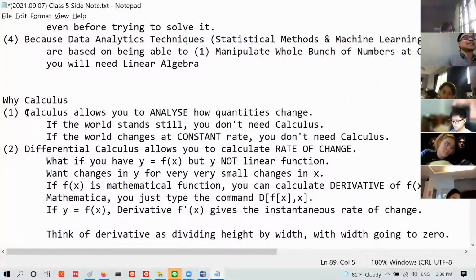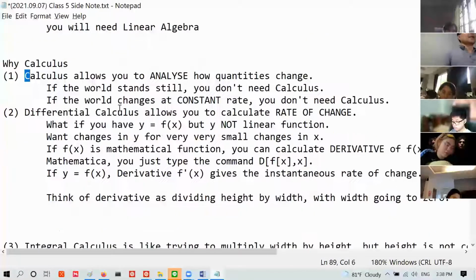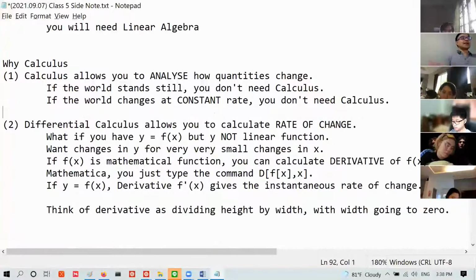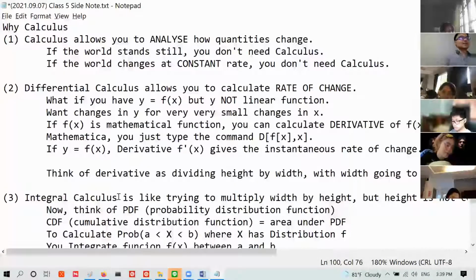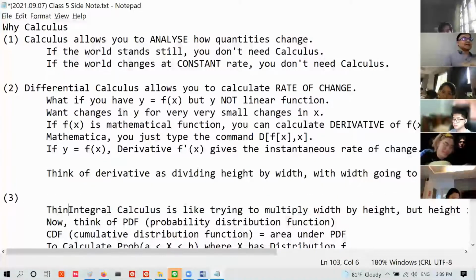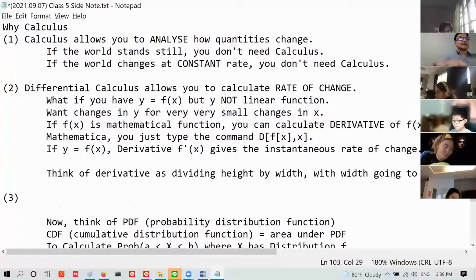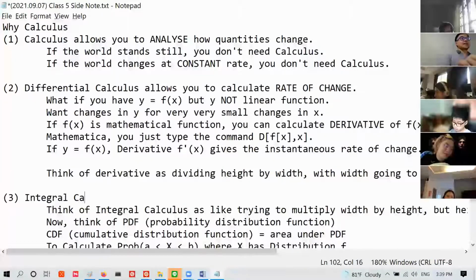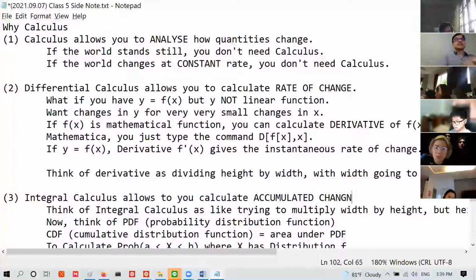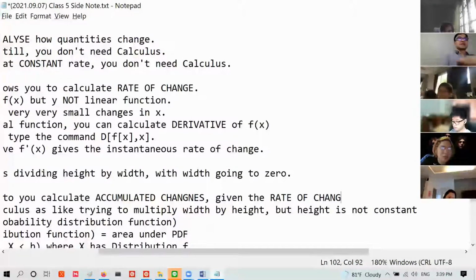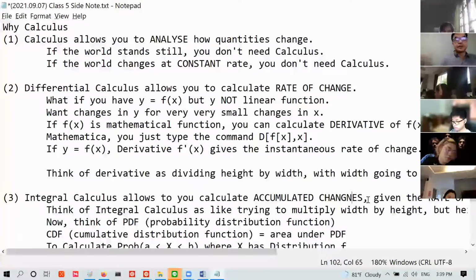This is a general statement: how quantities change. Differential calculus, in particular, allows you to calculate the rate of change, whereas integral calculus allows you to calculate accumulated change. That's it.